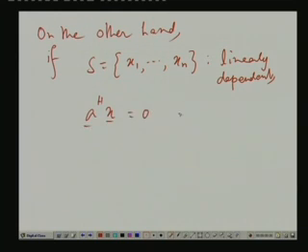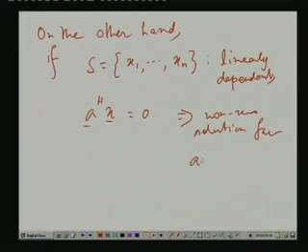If we solve, we can get a non-zero solution for A Hermitian and thus for A.